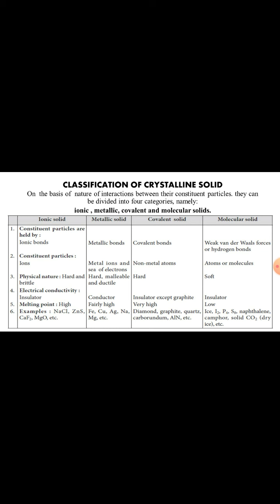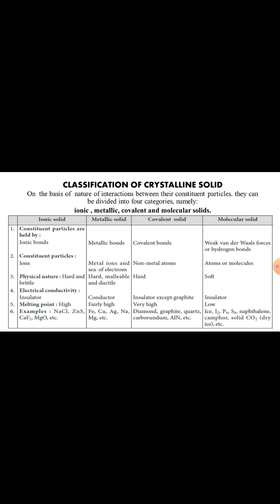but when dissolved in aqueous solution or in molten state, ionic solids are good conductors because ions are free to move. Next, melting points. As you know that the force is strong, that's why they have high melting points.